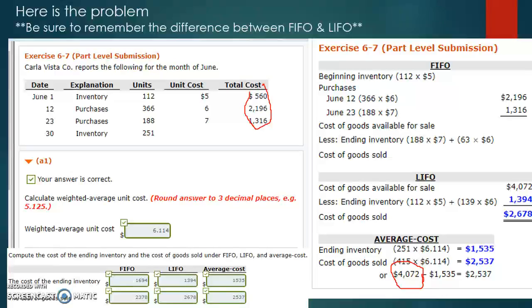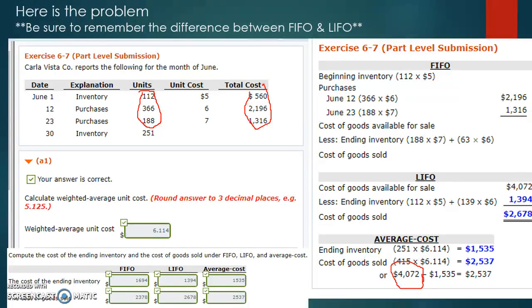We are supposed to divide this by the total number of units, which is 666. So we divide 4,772 by 666, and this gives us the average unit cost of 6.114.